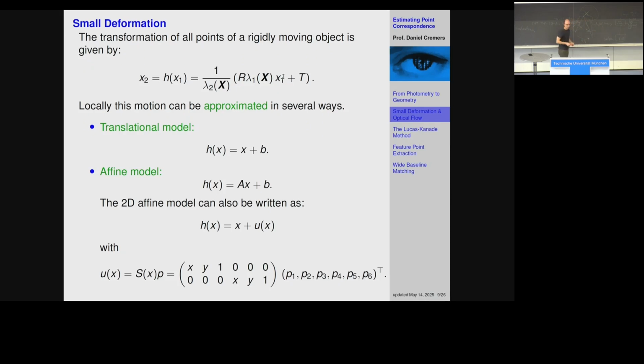That is the distance of x from the second camera. Now, this is all in homogeneous coordinates, so x1 has the third component 1. If we rescale it with lambda 1, then we end up with the point large X. So we can say large X is lambda 1 times x1.